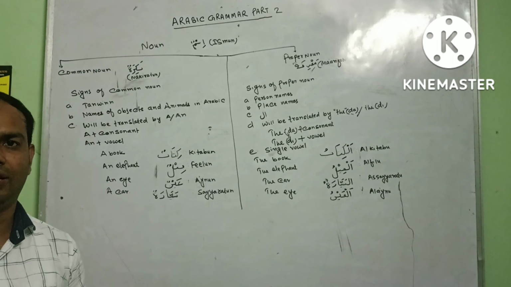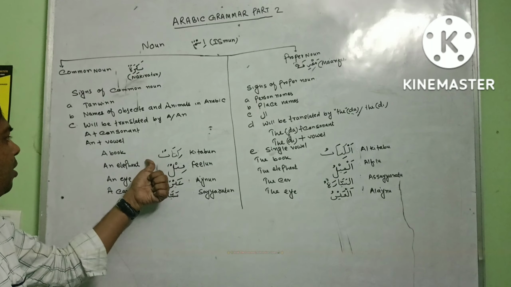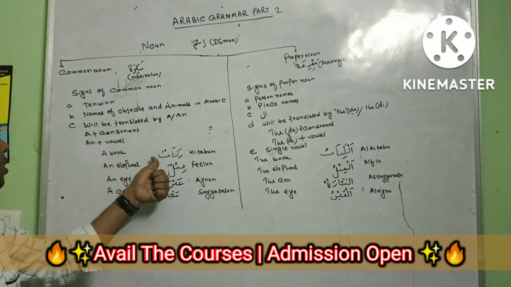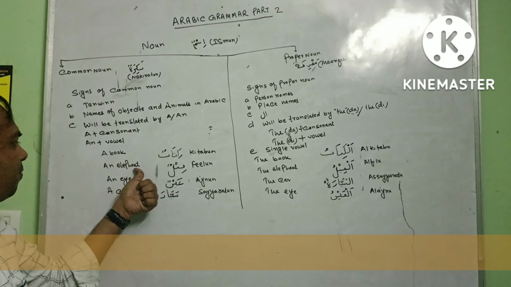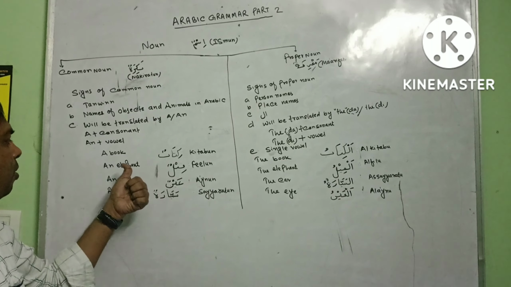So kitabun, ba with tanwin, a book. It will be translated by a or an. When there is a consonant, b is a consonant, that's why we are translating it as a book. Here, filun, an elephant. Why?